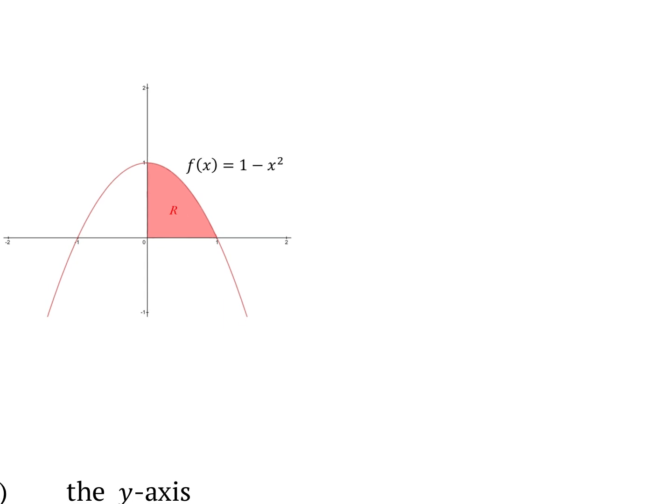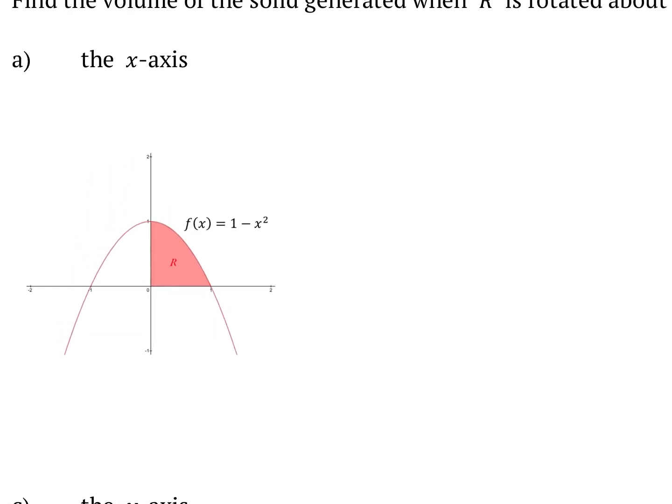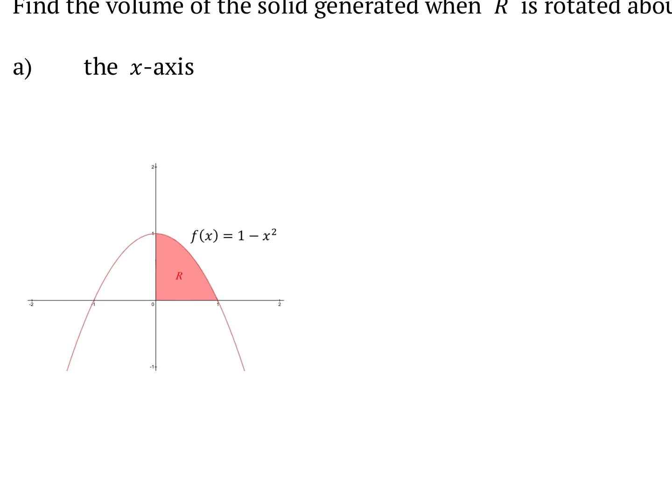When you rotate these around the x-axis, really the cross sections are circles. Technically this is the same type of problem as the previous one, but they're always circles. The area of a circle is pi r squared, so these will always be some kind of integral from a to b of pi r squared.